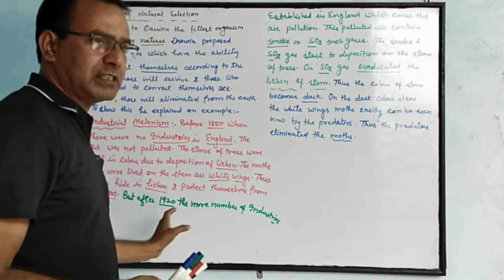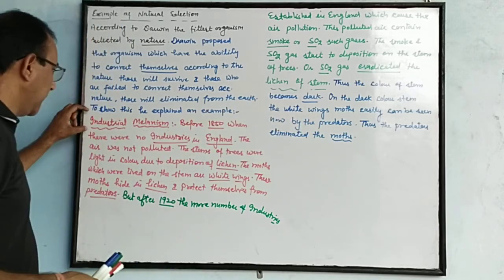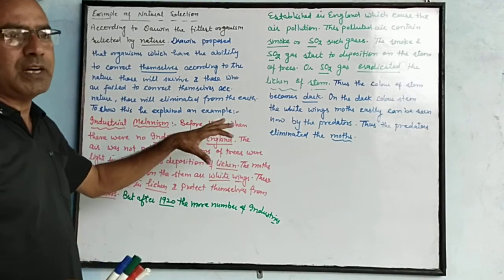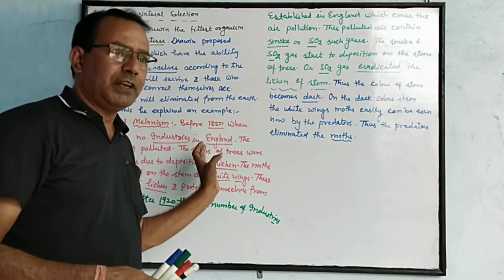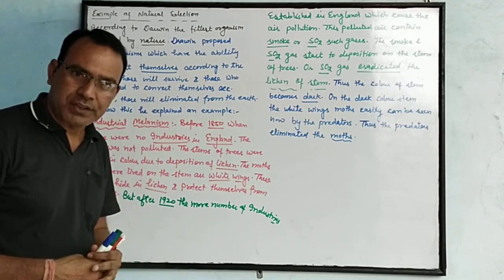Due to the industries, the color of the stem changed; this is called industrial melanism. This is the example shown by Darwin to prove his natural selection theory. Clear?